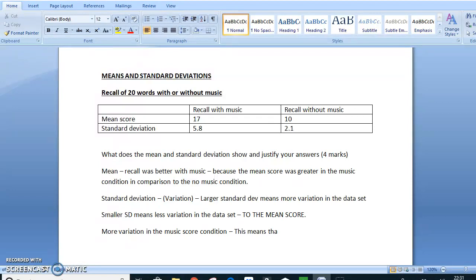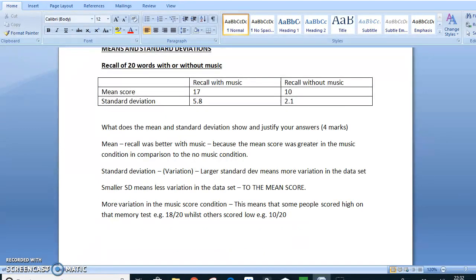This means that some people scored high on that memory test, e.g., let's say 18 out of 20, whilst others scored low, e.g., let's say 10 out of 20.